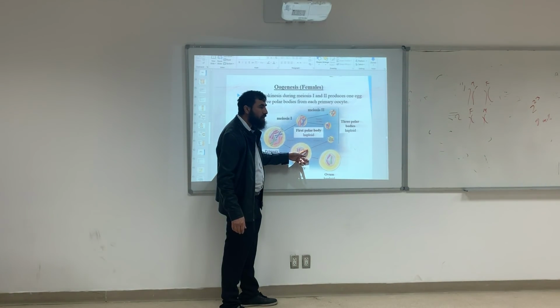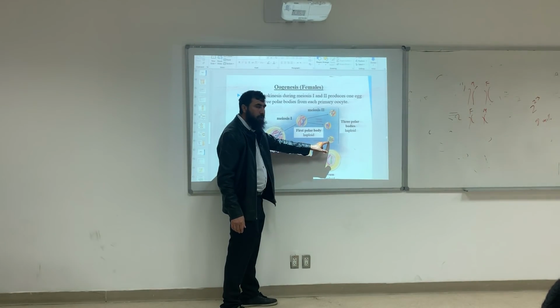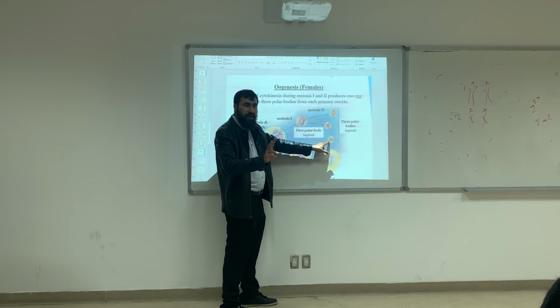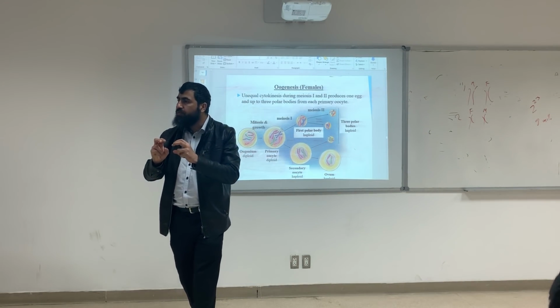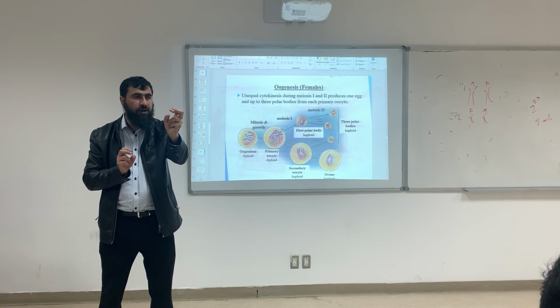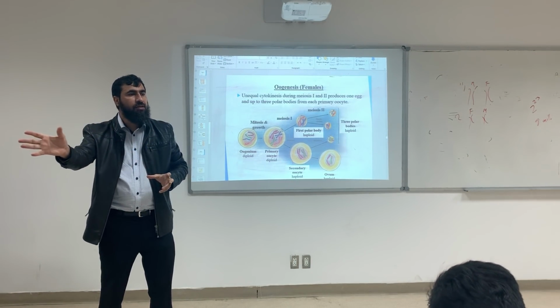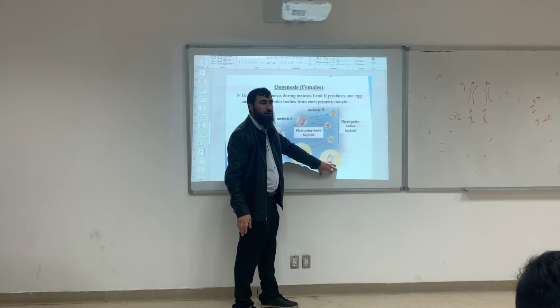So this secondary oocyte then undergoes meiosis 2. It forms another polar body. Again, uneven, unequal cytokinesis, so only a small portion of the cytoplasm is in the first polar body and second polar body, and the rest forms the ovum, the egg. The egg is haploid.